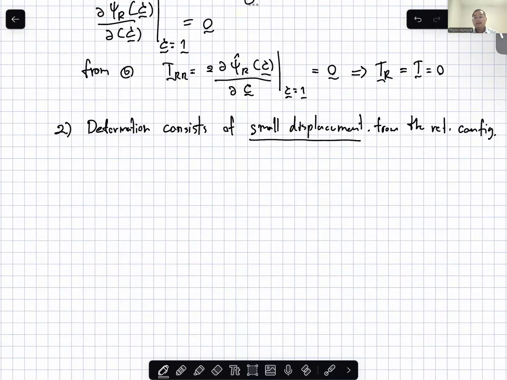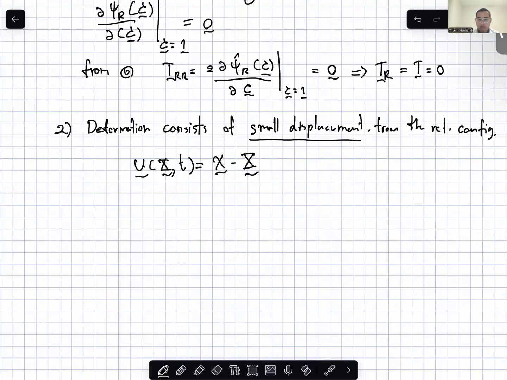So we said that this one should have a small displacement, so we look at the definition of the displacement: u is equal to small x minus big X, just like that.